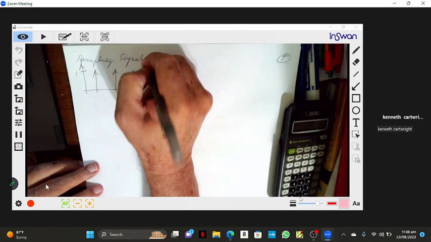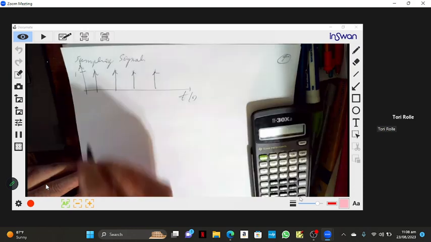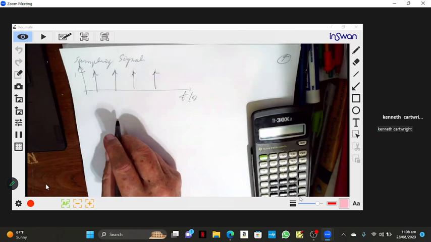Somebody gave me this earlier. Is that the impulse train? Yes.